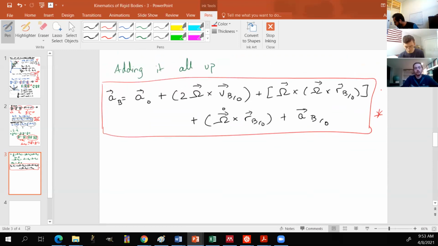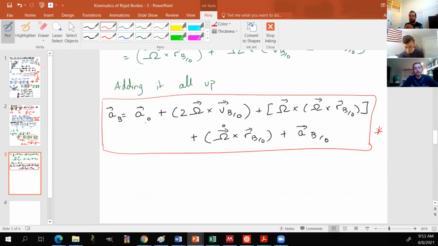Let's break it down. The acceleration of point O is just the translatory acceleration with which your rotating and translating frame of reference is moving. Pretty straightforward. Omega crossed with omega crossed with R of B relative to O. We've seen this one before as well. This is just the centrifugal, centripetal, whatever, physicist term.